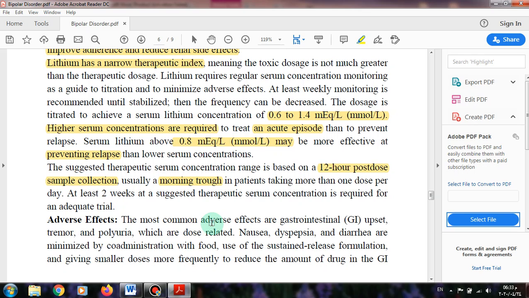And serum therapeutic drug monitoring should be done at least every 2 weeks after finding the dose that is adequate for the treatment of such a patient for acute episodes and for prevention of relapses.